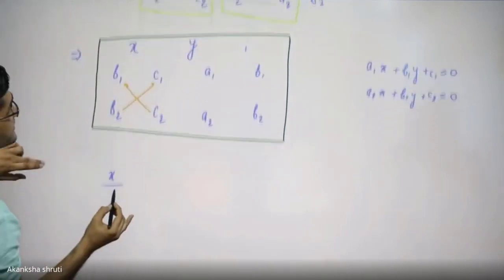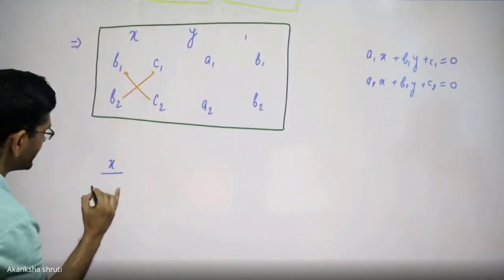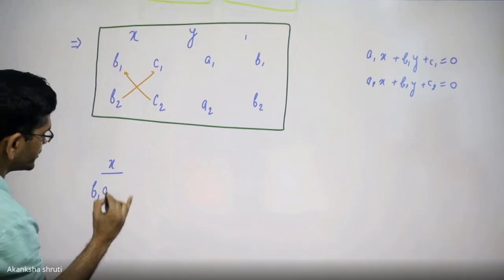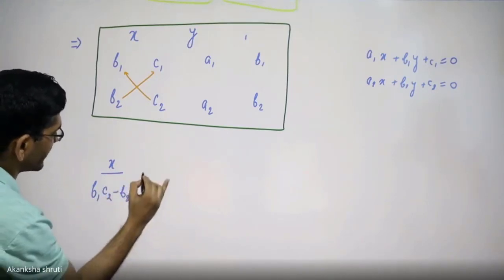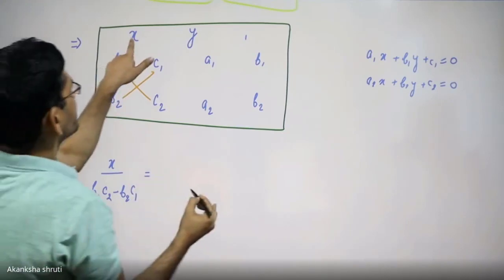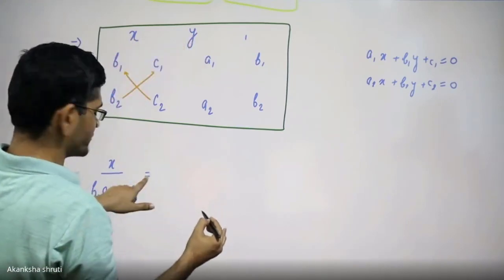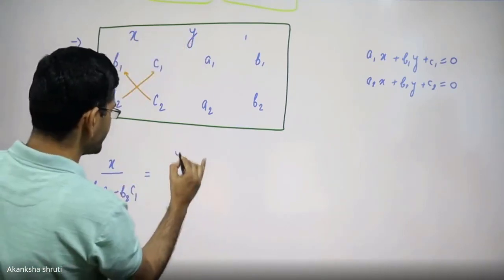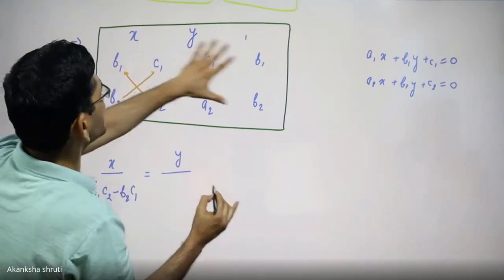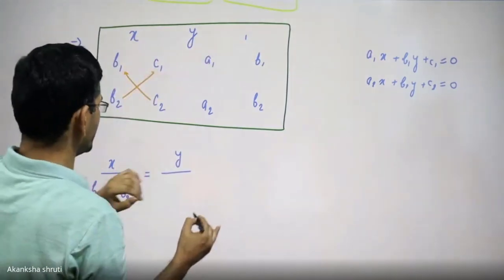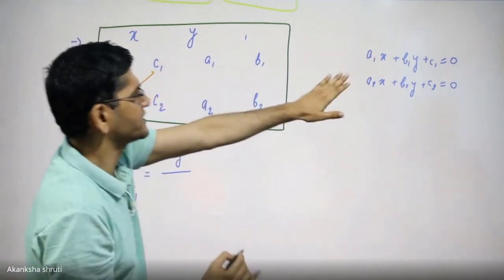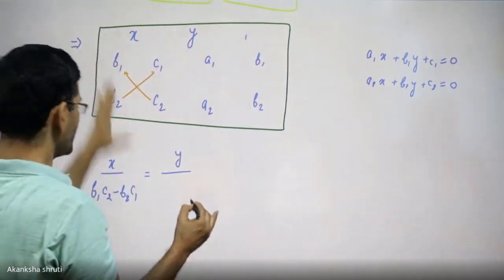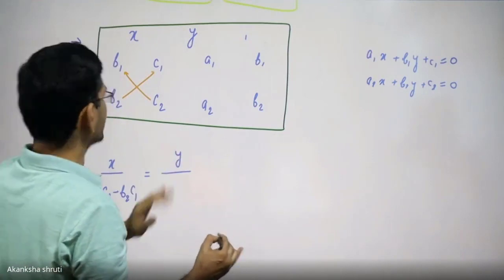So below this x, we will have b1 c2 minus b2 c1. Keep in mind, while going for y, do not forget to write the equal sign. Though in this array, the equal line and everything is deleted, just by writing these coefficients and constant terms in this array, we can quickly find the x and y.